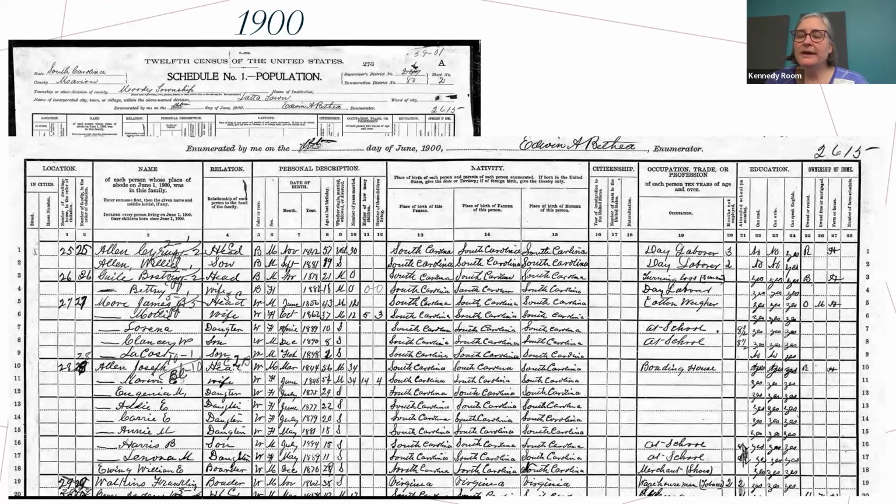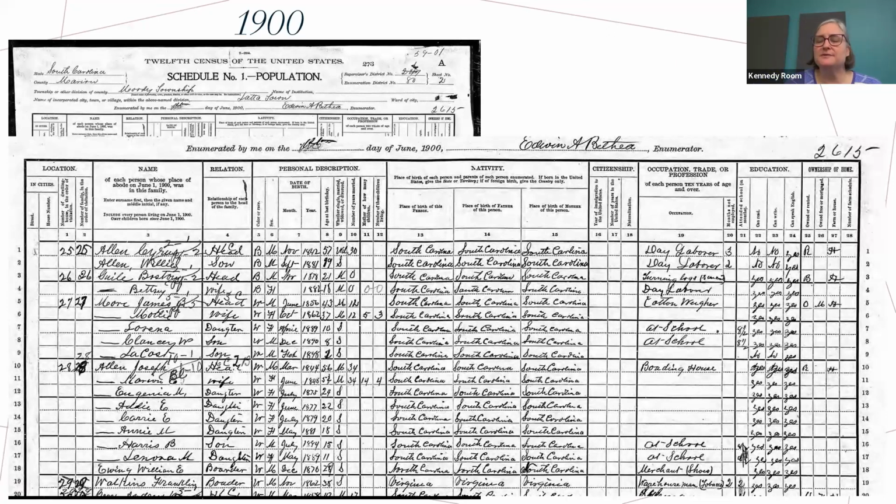Months not employed in the previous year. Education, if they attended school in months within the last year. And can they read? Can they write? Can they speak English? Again, lots of immigration from around the world. You could read or write any language, but could you speak English?